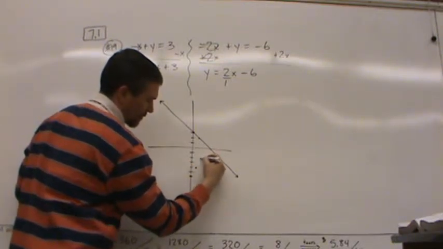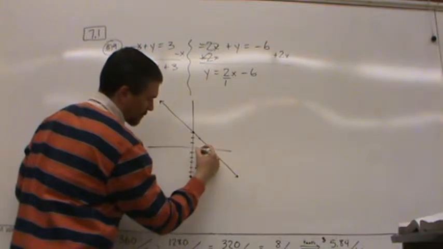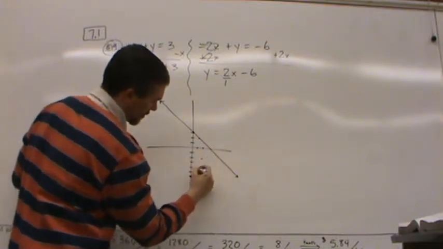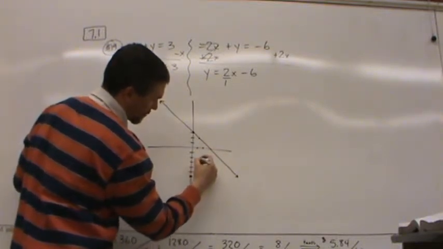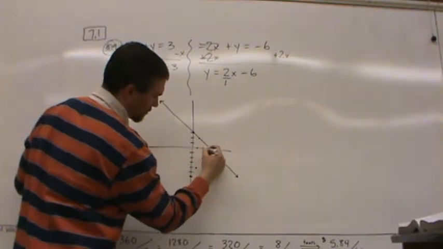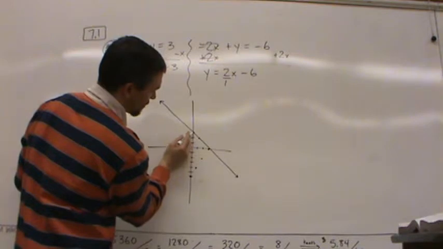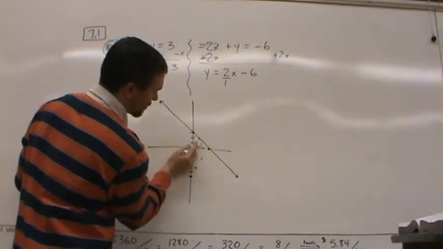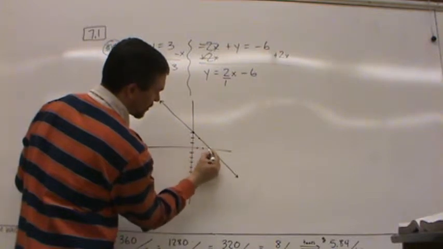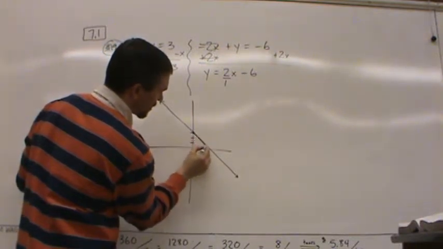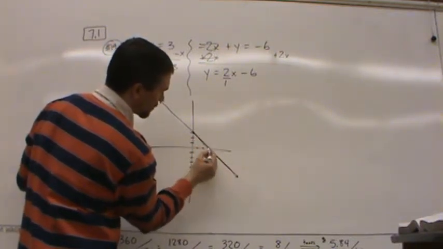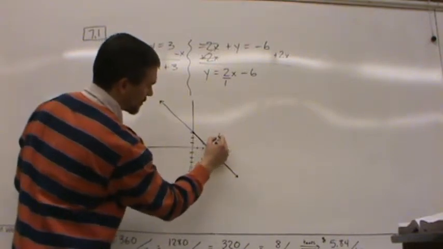Let me put some tick marks here. So rise 2, run 1, rise 2, run 1, rise 2, run 1. I bet right there is where I would end up with this one. Down 1 over, down 1 over, down 1 over, yeah. Kind of crooked there. But that's where they would intersect.